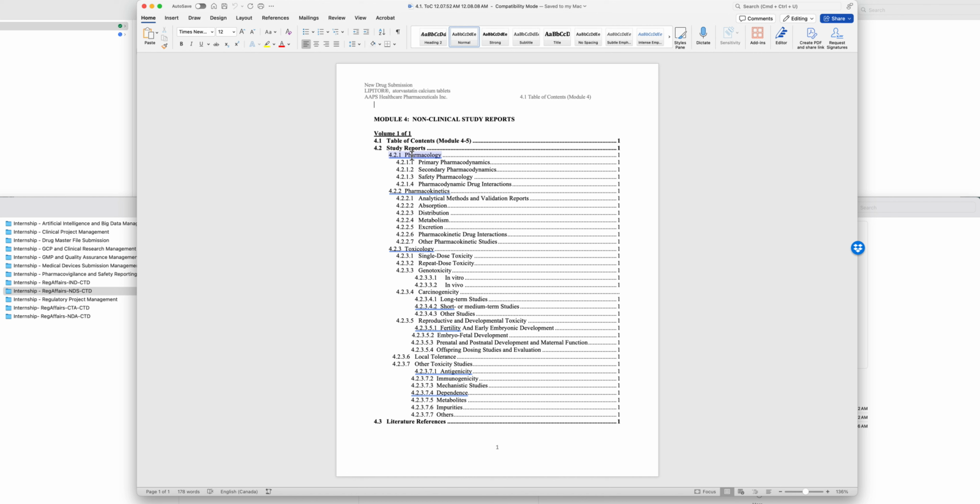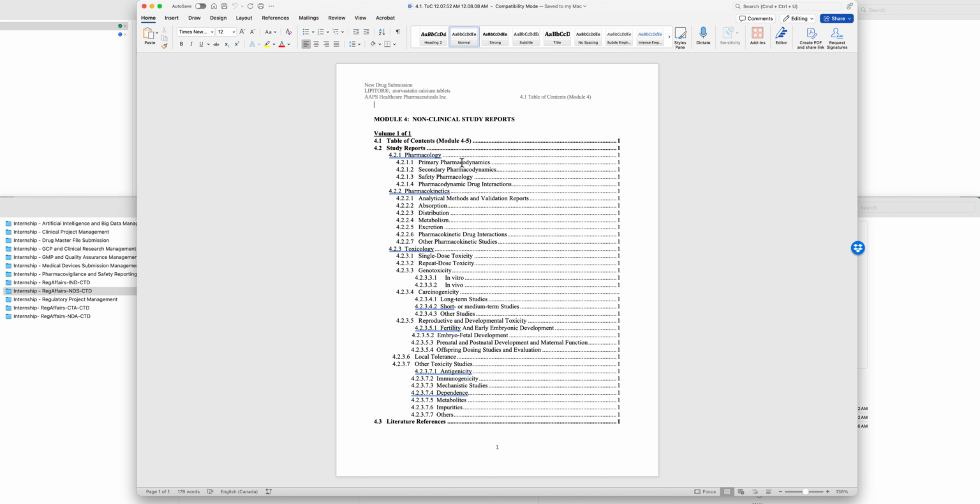So when we would like to add information into different submodules of the CTD, we are going now to add all of the study reports related to the study of primary pharmacodynamics in module 4211.